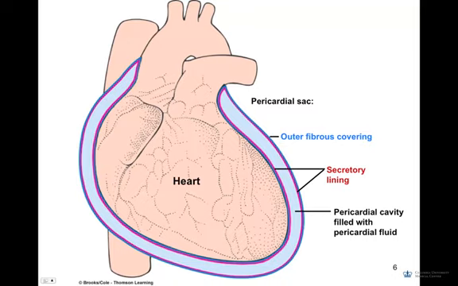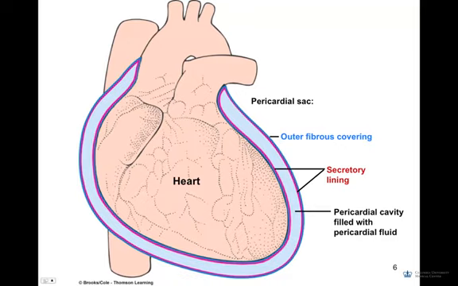And then the second serous membrane that's on the outside, we call the pericardium. These two membranes produce fluid that fills the space in between them. The space in between them we call the pericardial cavity, and the fluid we call pericardial fluid. And all together we call this the pericardial sac.